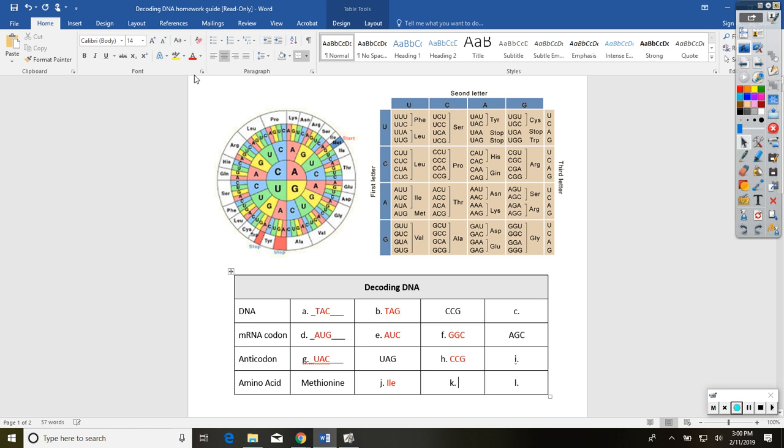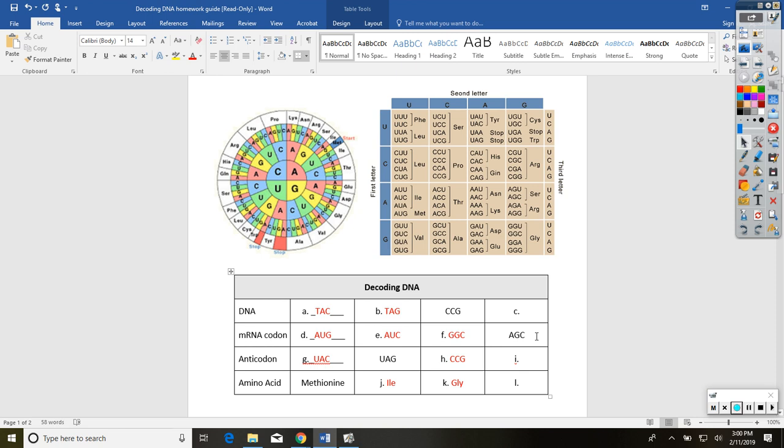And then for the amino acid, remember the amino acid is based on the mRNA, so we're using GGC. G in the first position, G in the second position, and then C tells me GLY.